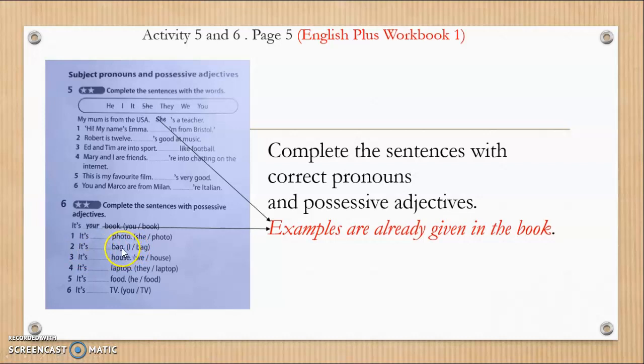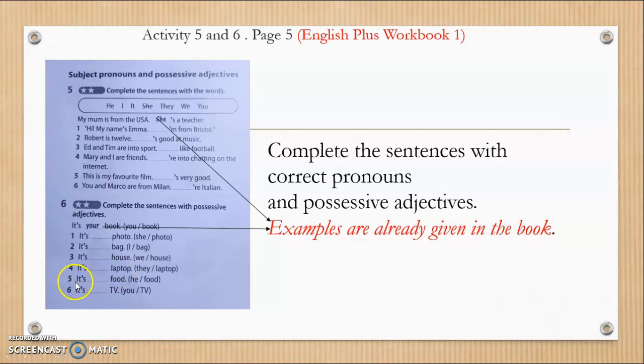Number 3, we have we. It's our house. Number 4, we have they. So it's their laptop.